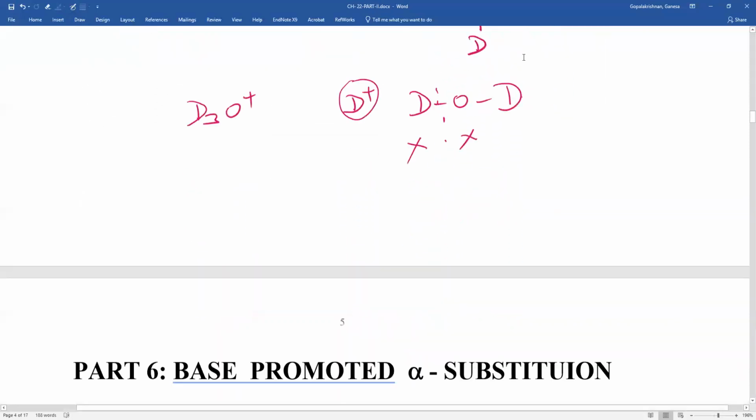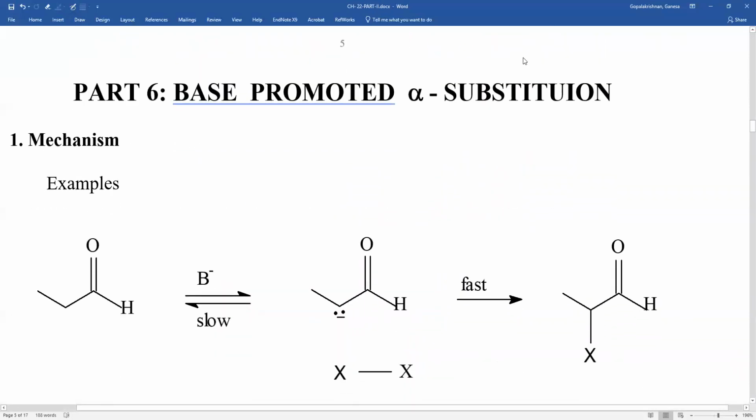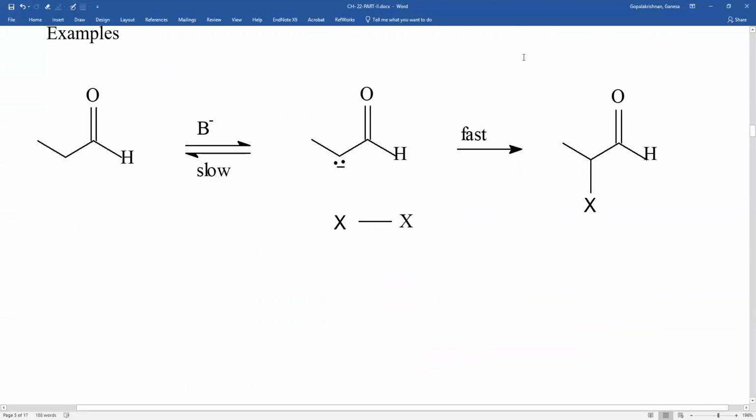The next, base promoted alpha substitution. Did you notice it? It is promoted, not catalyzed. Let us see the reason for it. This also occurs by a mechanism similar to that. This is an alpha carbon. You have two hydrogens.